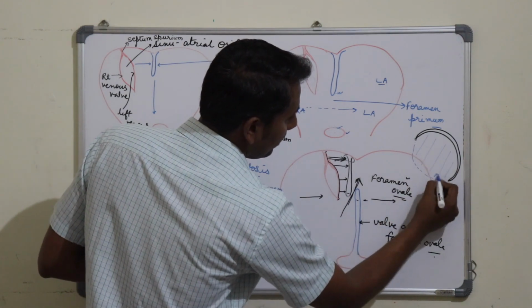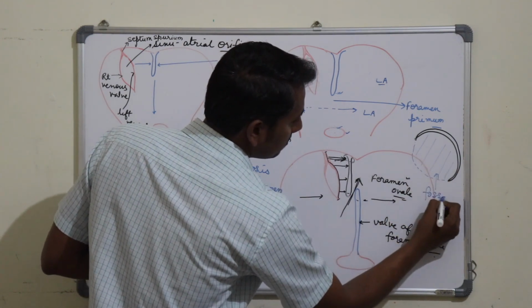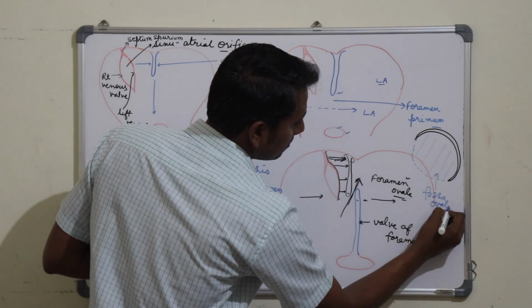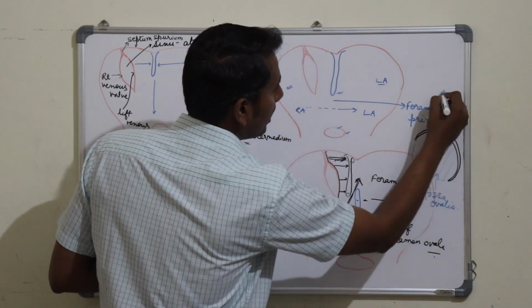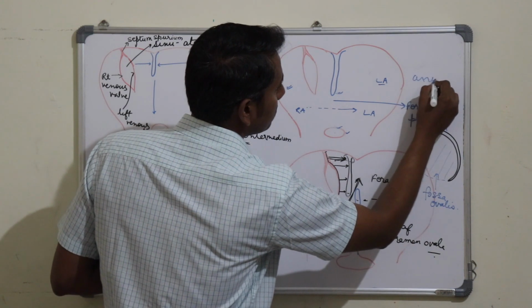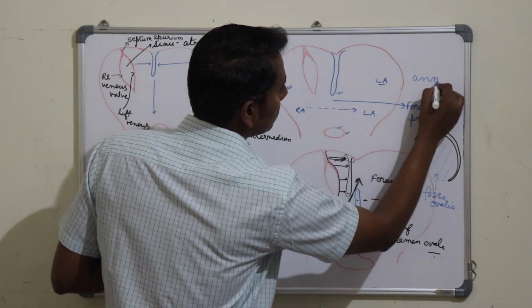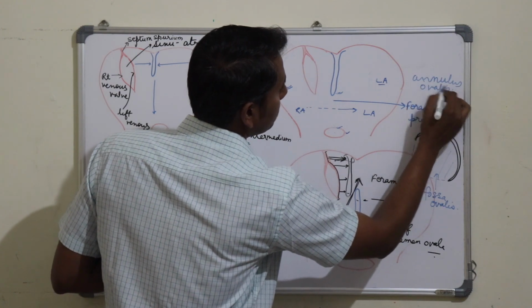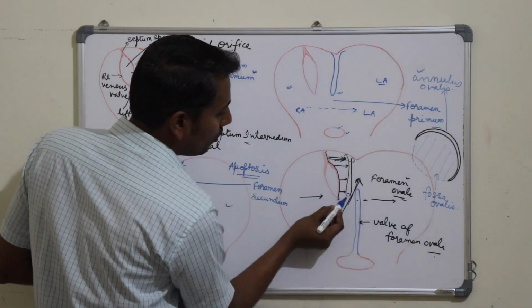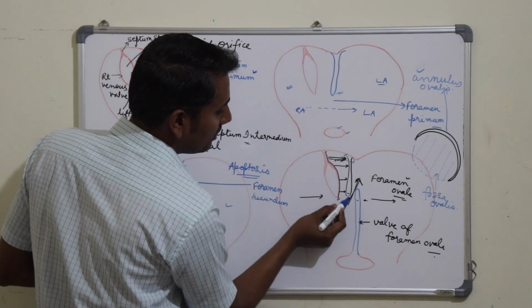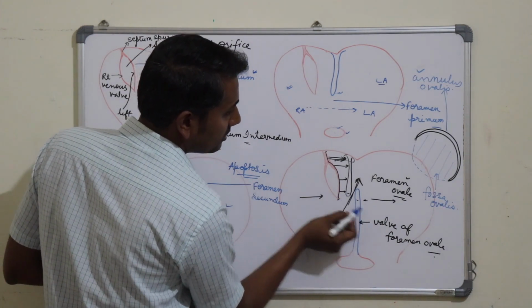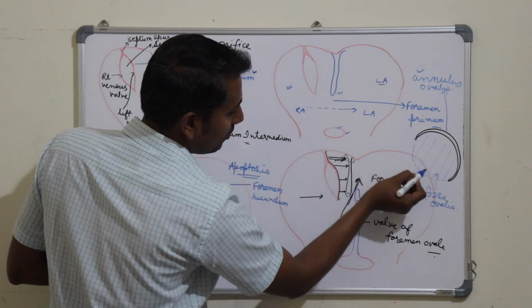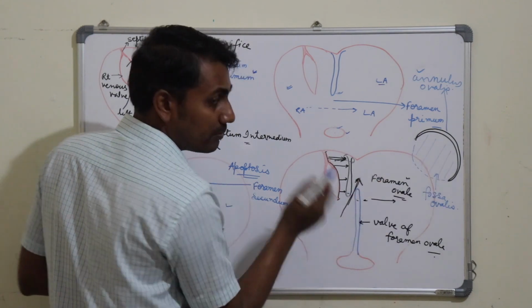So this is the fossa ovalis, and this is the annulus ovalis or limbus ovalis, which will be formed by the lower free margin of the septum secundum, and the fossa ovalis here, this area, will be formed by the septum primum.